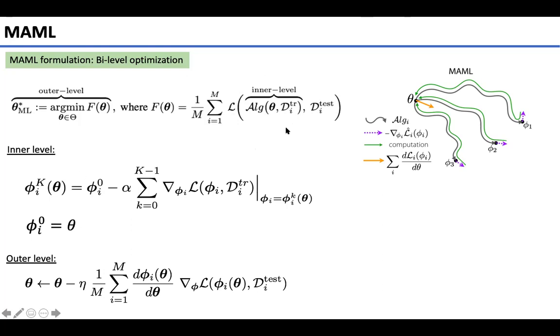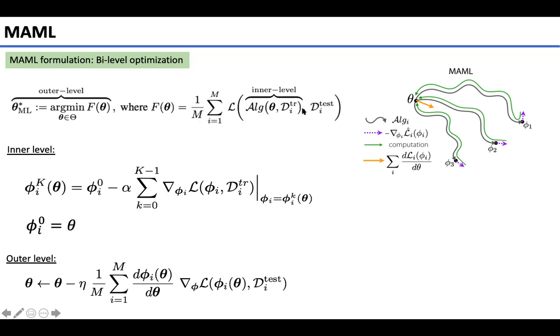Now we come to describe some of the recent frameworks that were proposed to solve the problem of meta learning. MAML, which stands for Model Agnostic Meta Learning, is a bi-level optimization-based framework that has been proposed to solve the problem of finding the meta model. The proposed formulation is shown here. The goal is to minimize the average validation loss across tasks, where the validation loss of every task is a function of the validation data set and the local model.